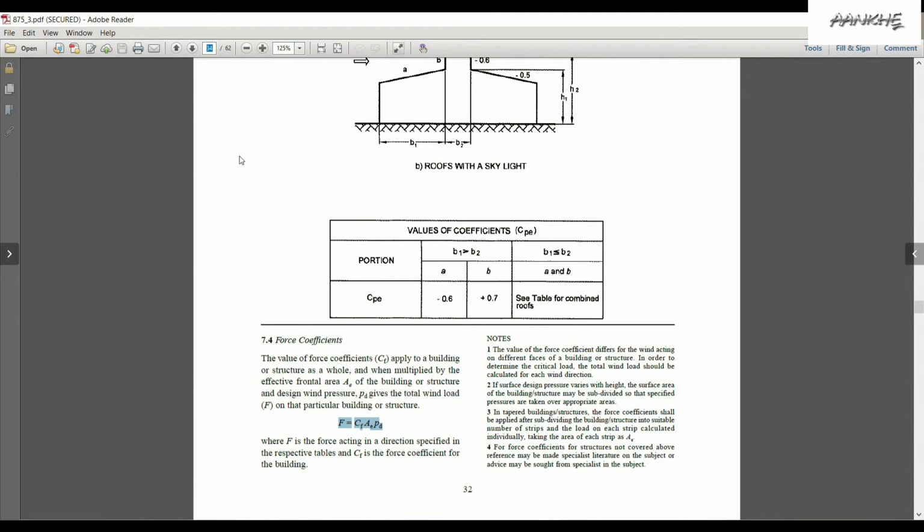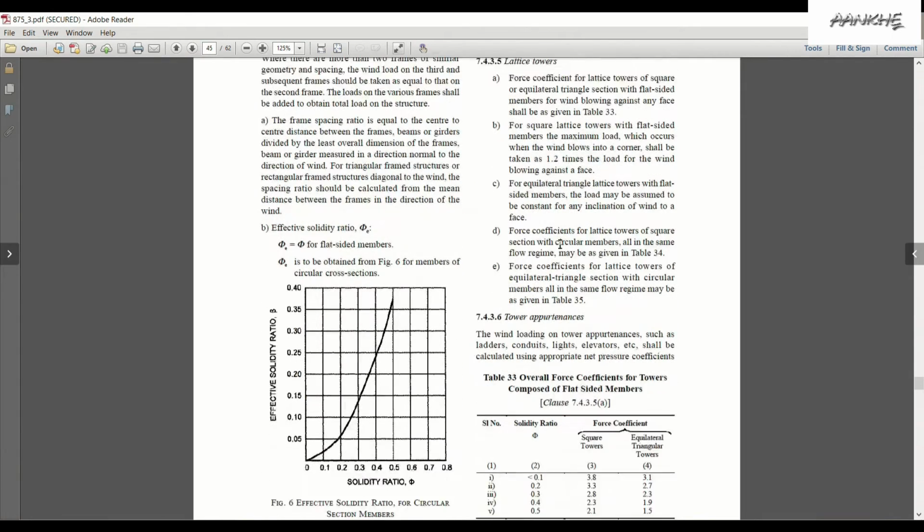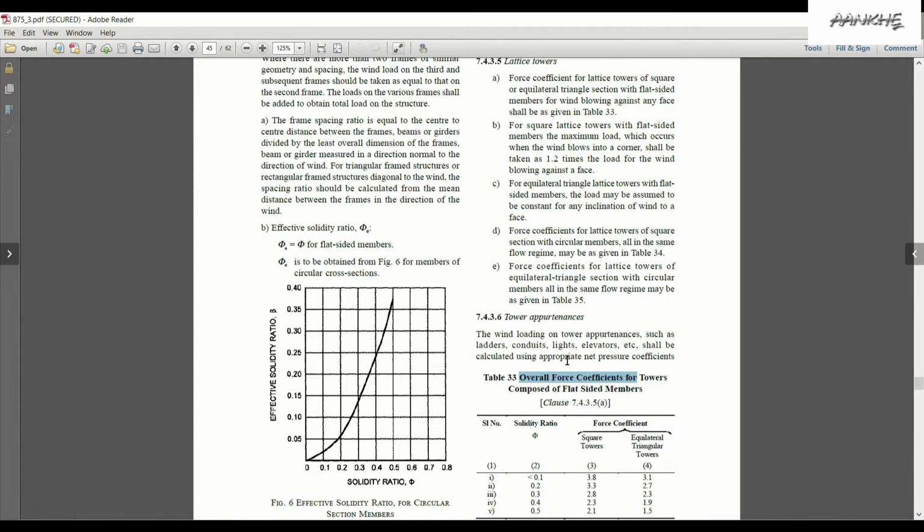So in that case, if I move to page 43, here overall force coefficient for tower type. Our case is tower type. And what is a tower type? It is something lattice tower type. Lattice tower means what?